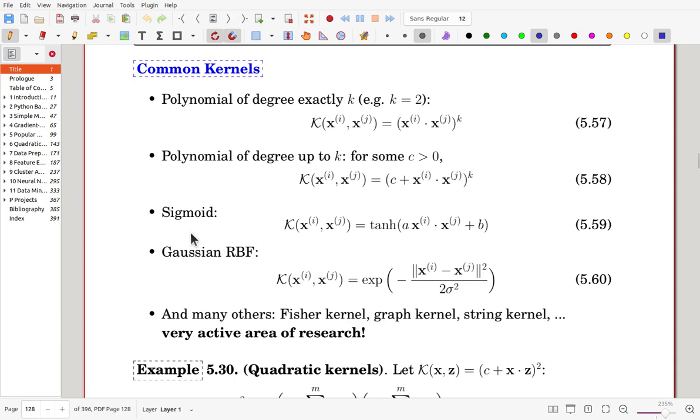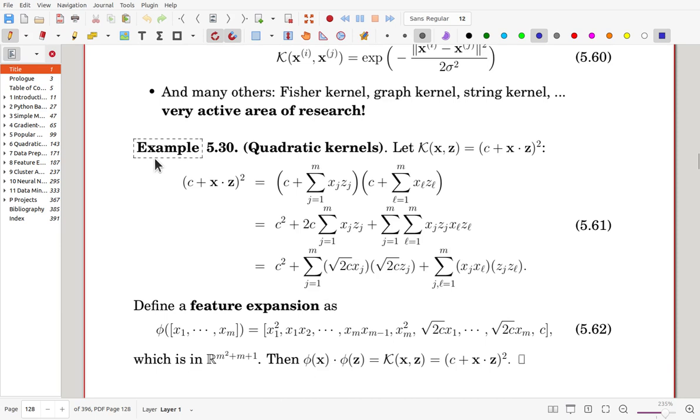We can also use a sigmoid kernel function such as the hyperbolic tangent, and the Gaussian RBF we already considered. There are many other kernels, for example, Fisher kernel, graph kernel, string kernel, and so on. You need to choose an appropriate kernel for a new data set. So it is a very active area of research.